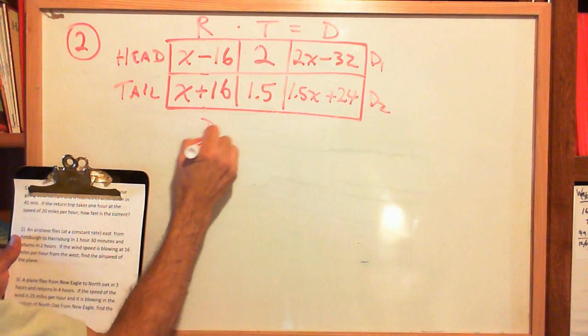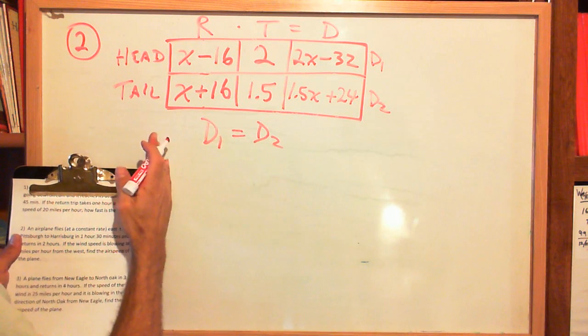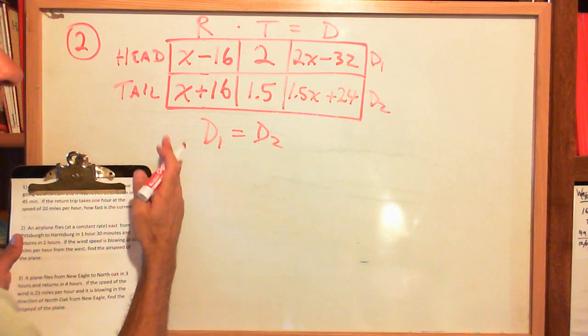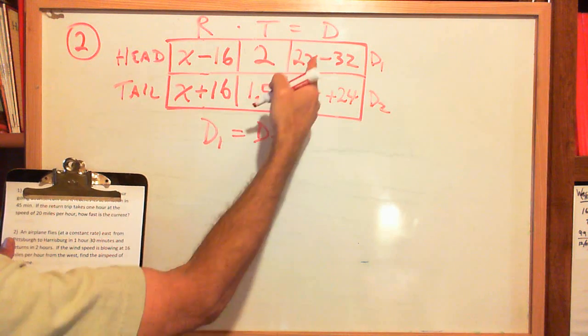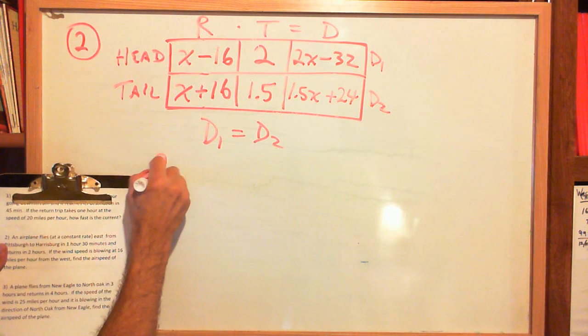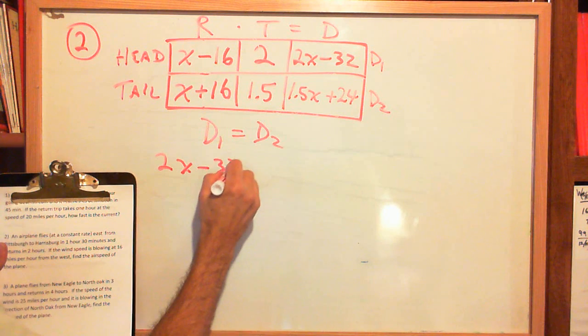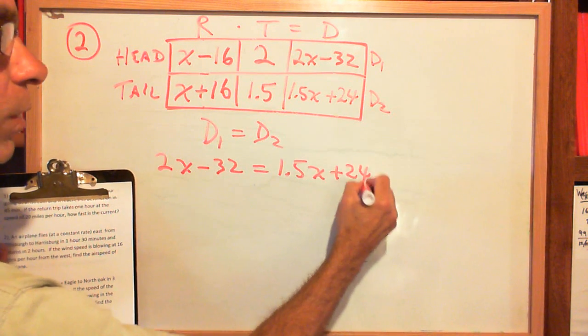The formula you're going to use is D1 is equal to D2, because the distance from A to B and the distance from B to A is the same. So we're going to set these two equal to each other: 2x minus 32 is equal to 1.5x plus 24.